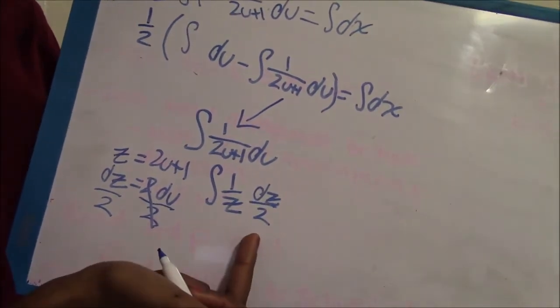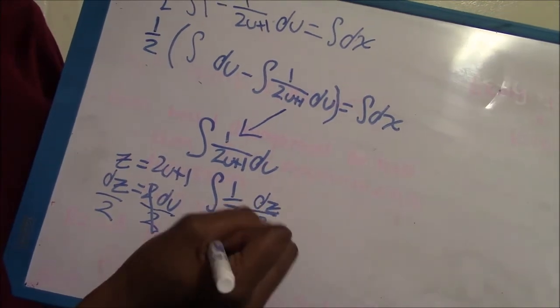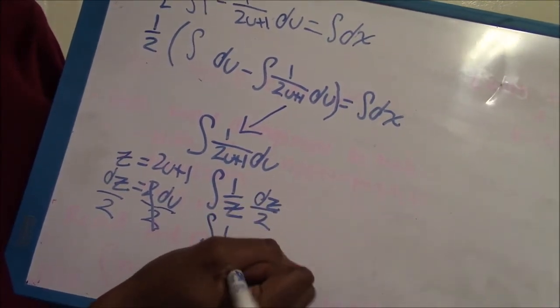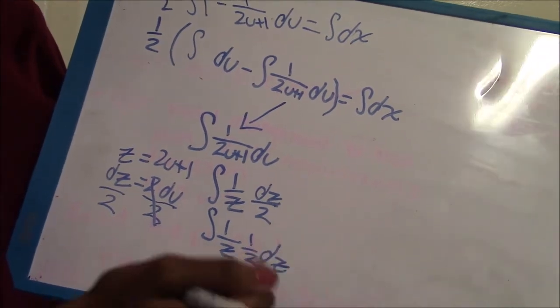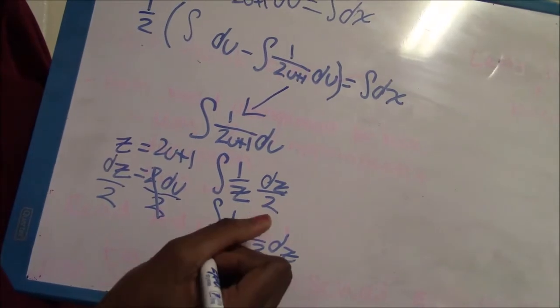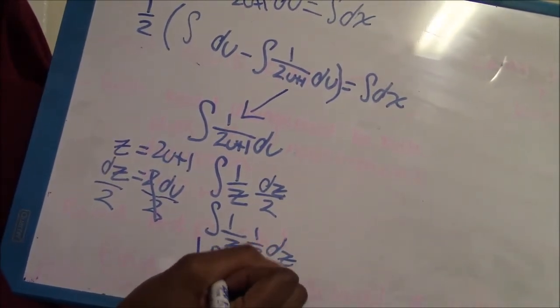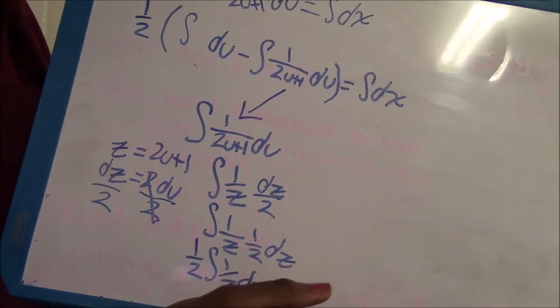And that means now I can take out the 2, because that's the same thing as 1/2 dz. I can take out that 1/2 right there because it's a constant, so that can go on the outside. It could be 1 over z dz.